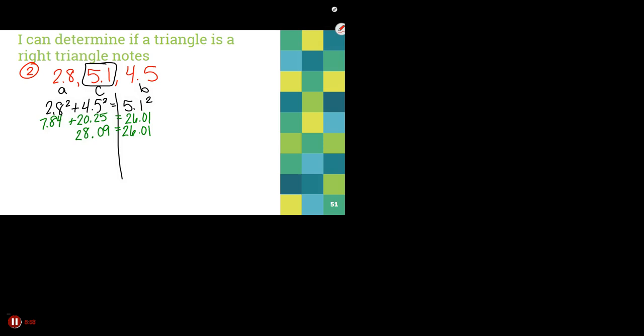Does 28.09 equal 26.01? Of course not. Those do not equal each other. So no, it is not a right triangle. It can still be a triangle, but what that means is that the angle inside of the triangle will not be 90 degrees. They will be either bigger or smaller than 90 degrees. There will not be a 90-degree angle in that.